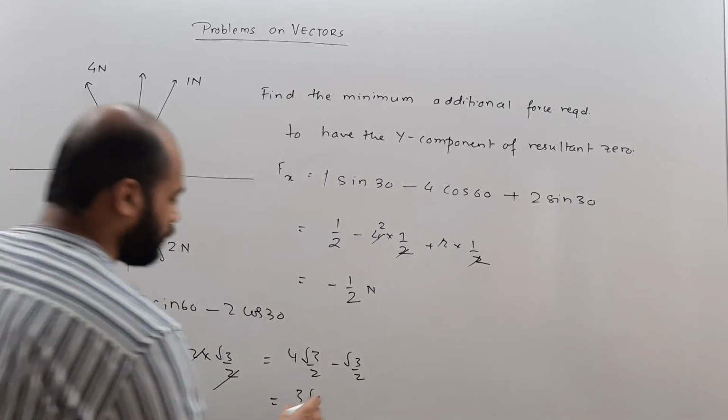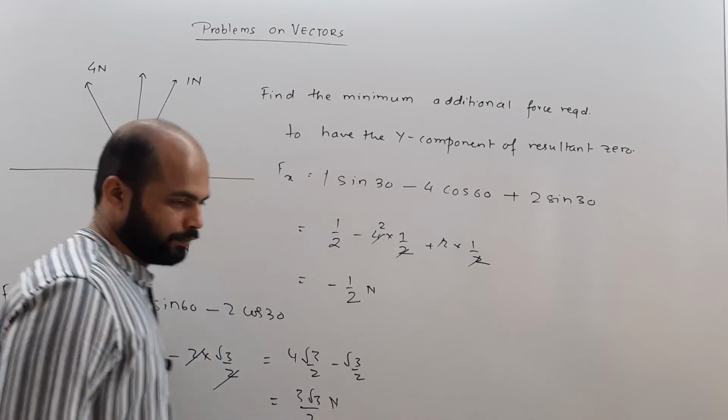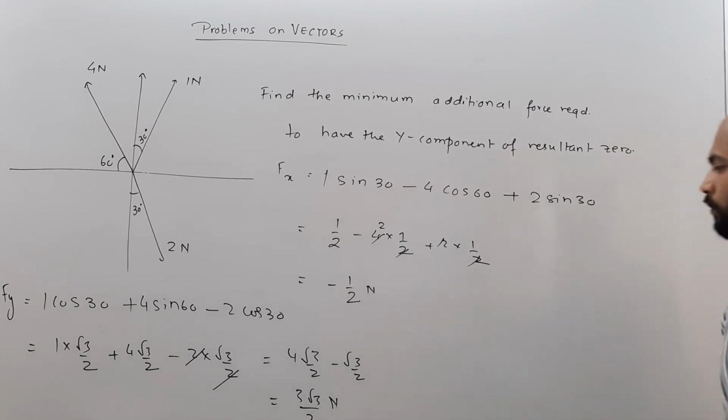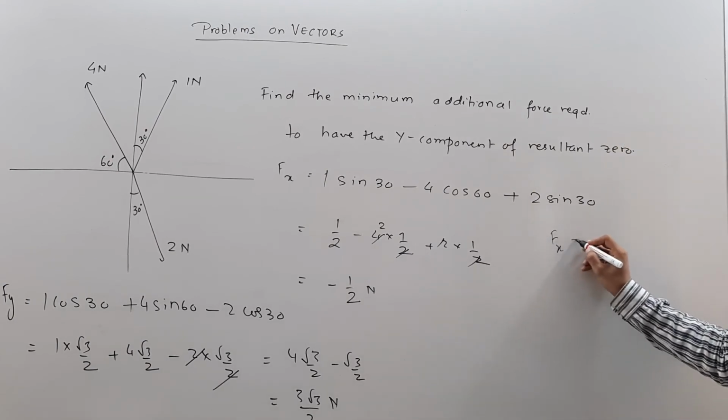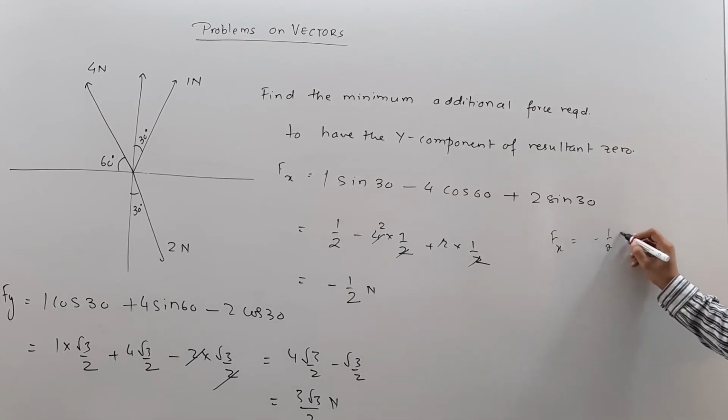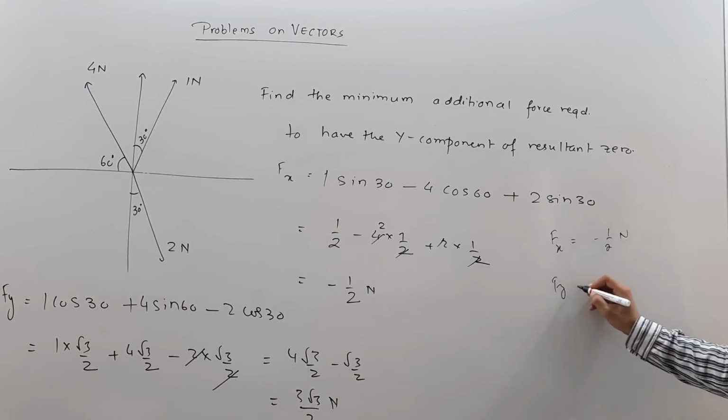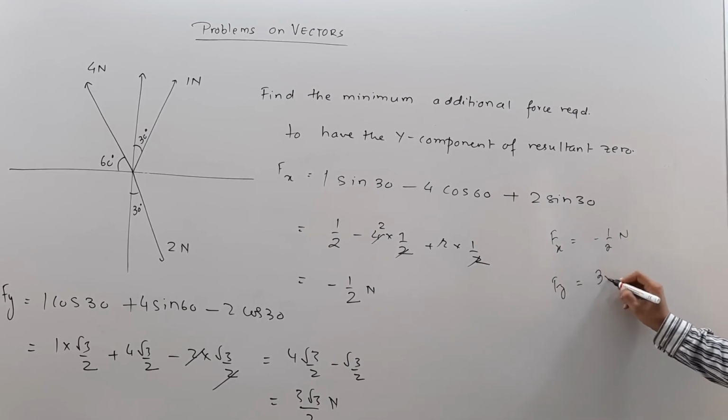So now we are getting one piece of information: Fx resultant is minus half Newton and Fy resultant is going to be 3 root 3 by 2 Newton. This is what we have.